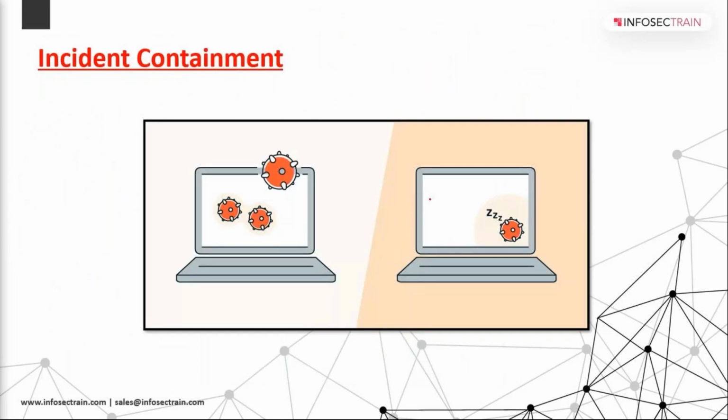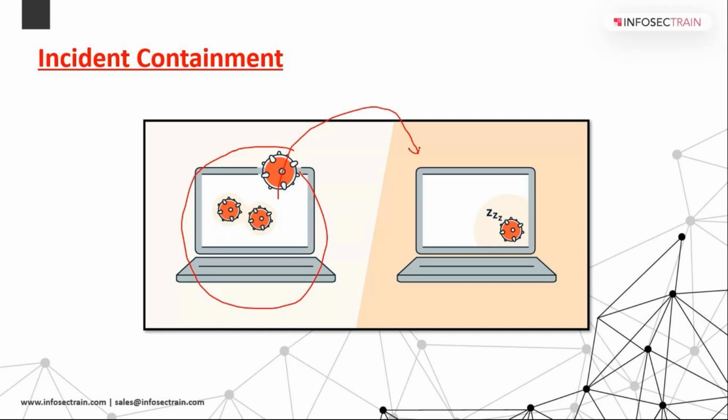Now let's talk about something called incident containment. What is incident containment? In incident containment, we contain the virus. You can see that this is the virus, and we need to contain it.